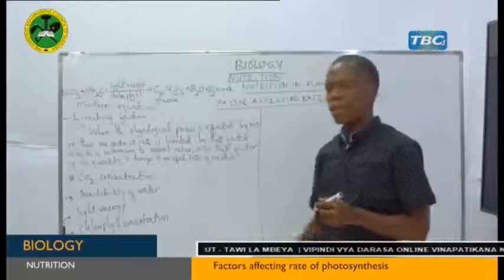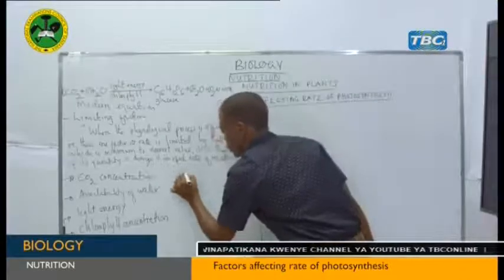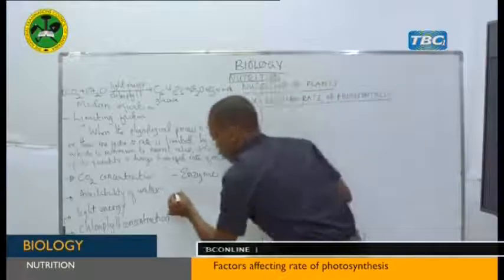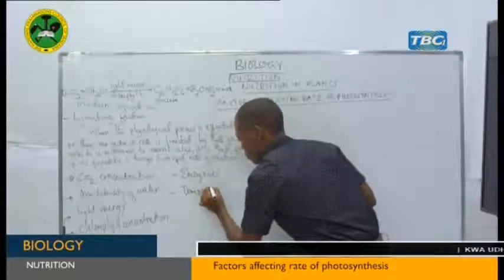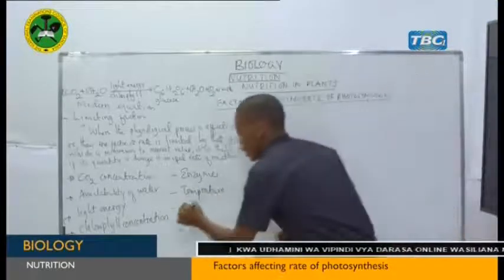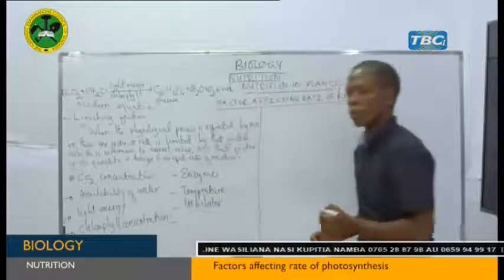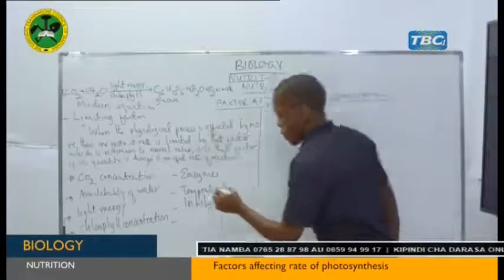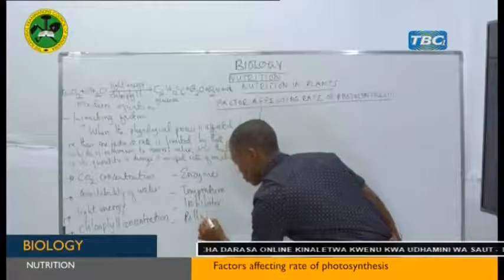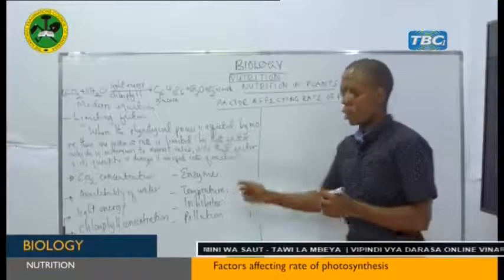Therefore, there are some factors other than these which also affect the rate of photosynthesis, such as enzymes, but also temperature, some inhibitors, also pollution, and so on.